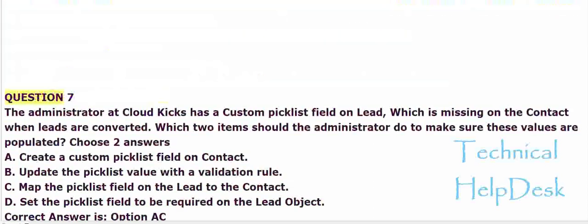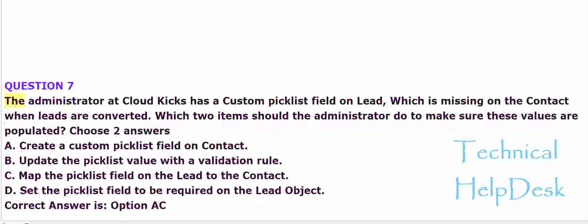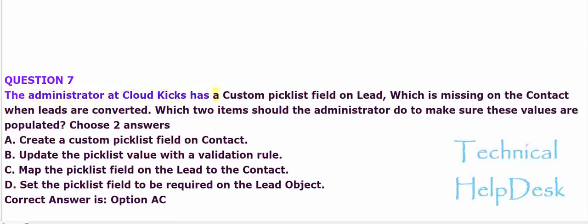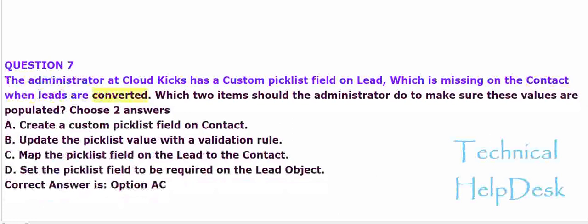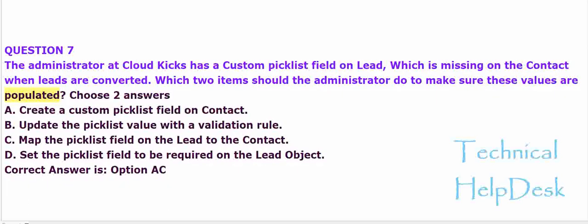Question 7. The administrator at CloudKix has a custom pick list field on lead, which is missing on the contact when leads are converted. Which two items should the administrator do to make sure these values are populated? Choose two answers.